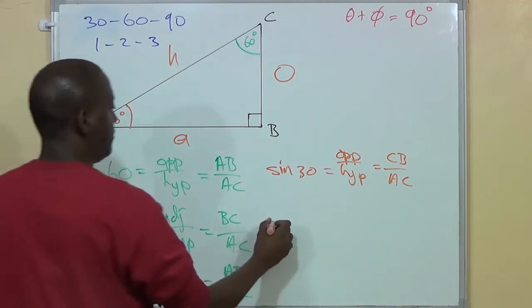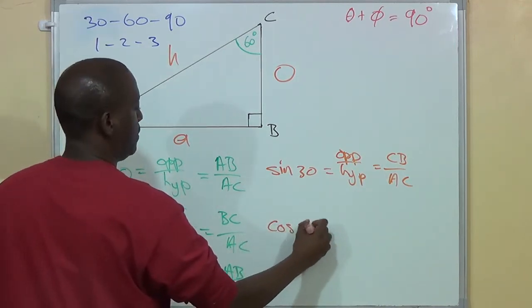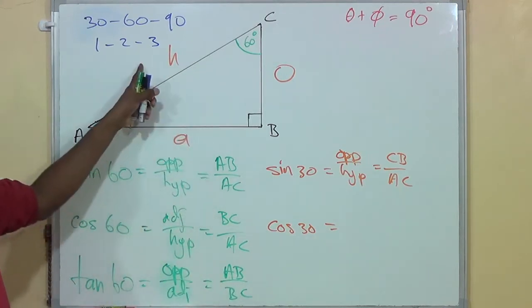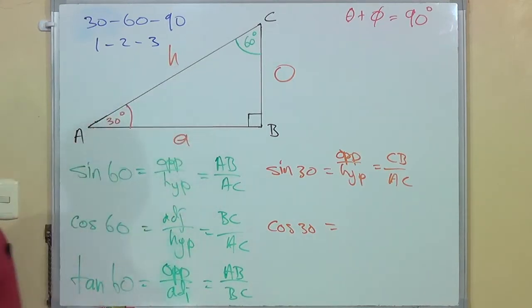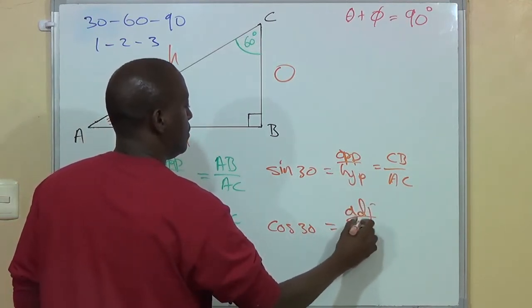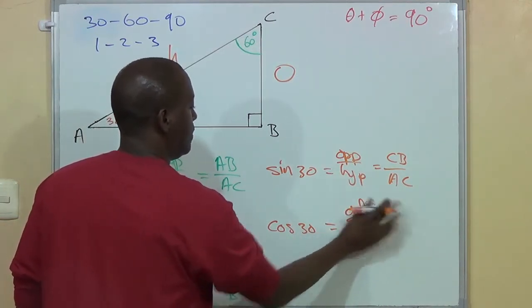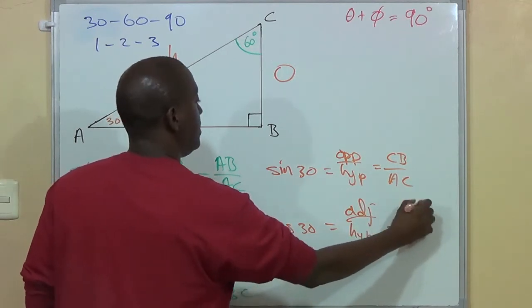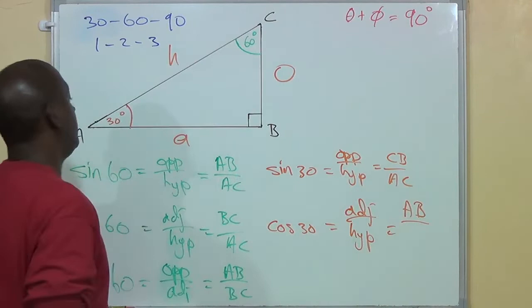The cosine of 30 will be equal to adjacent over hypotenuse, which is AB over AC.